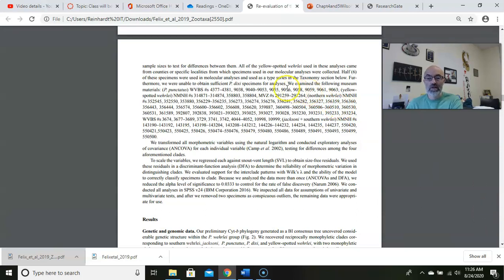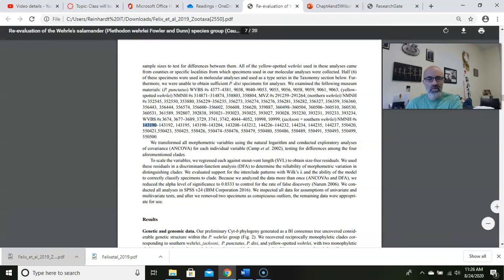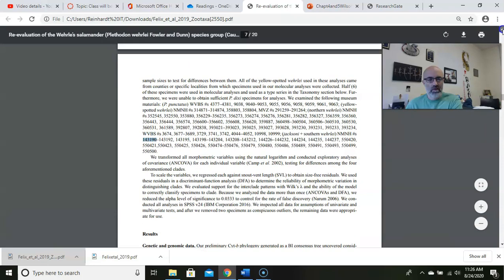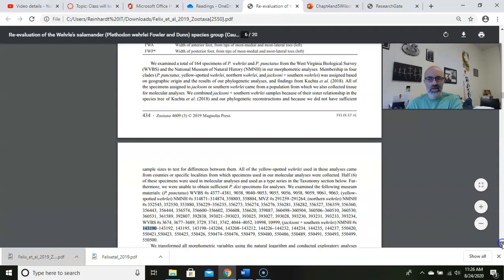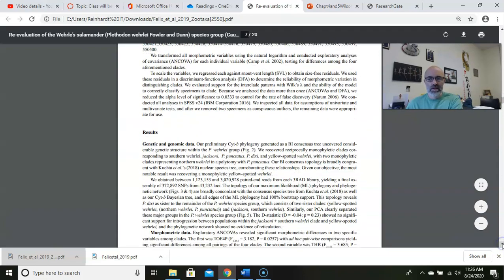So you could go to these museums, go to the Smithsonian in Washington and request specimen 143190, get that animal, measure all of these variables, and you should get the same answer that we did. Again, repeatability. Okay, so this is the morphometrics.